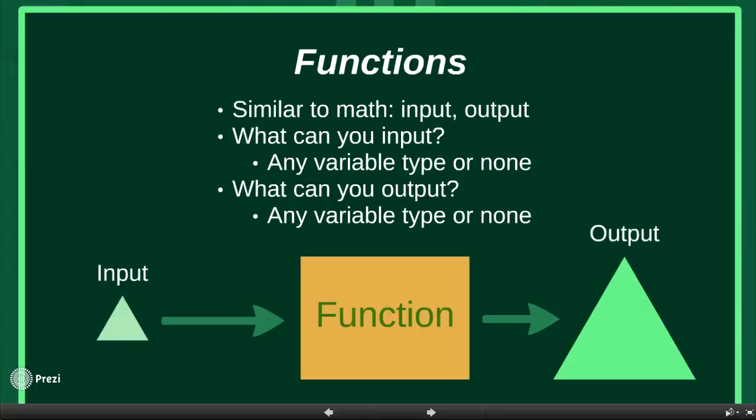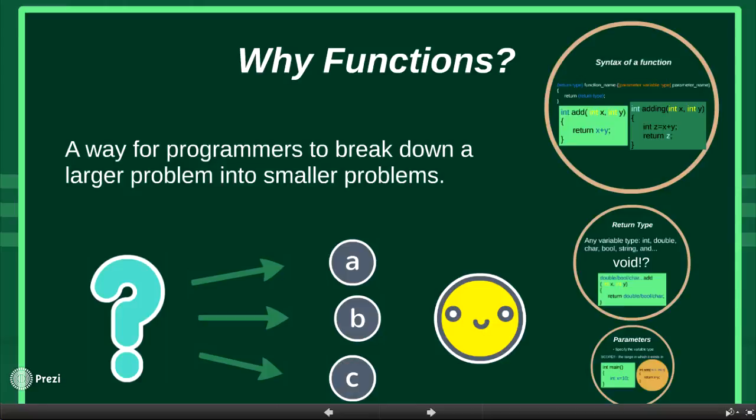So why do we even need functions? Functions in computer science are a way for computer scientists to break a large problem into several smaller problems. For example, I'm hungry. How am I going to break that into a couple smaller problems or functions? First thing I check, what time is it? If it's lunchtime, then I want to do something.